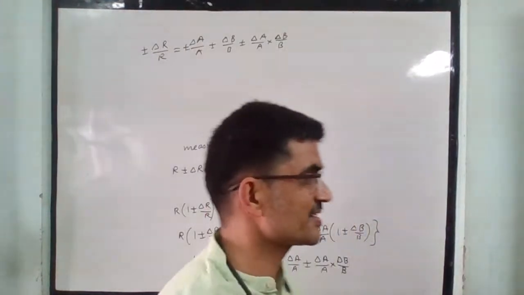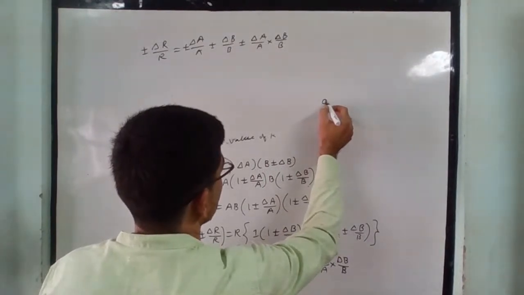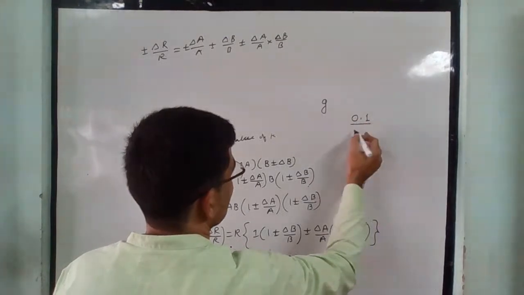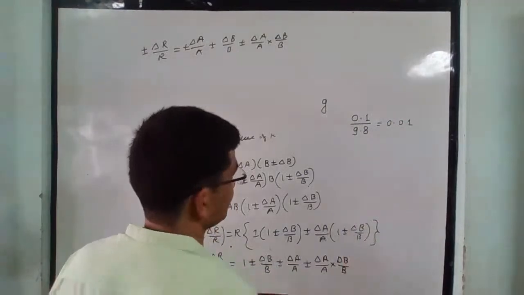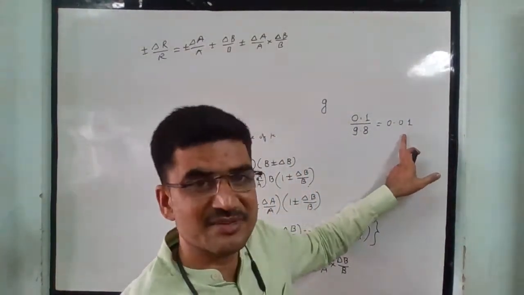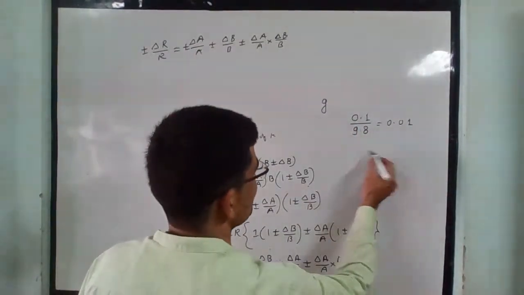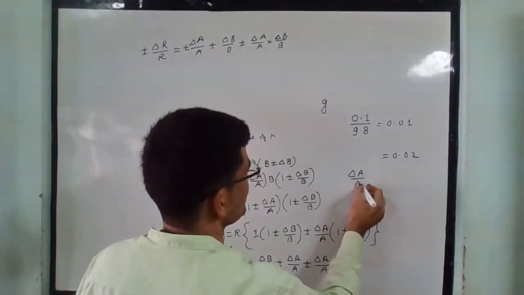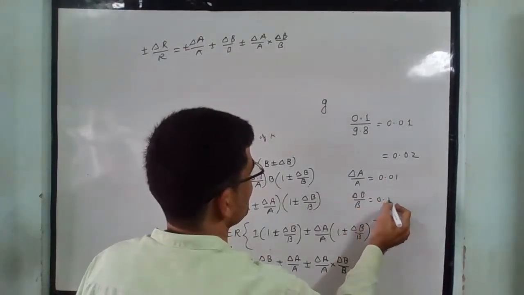Let's take one example. Yesterday we took the example of acceleration due to gravity. We got 0.1 as the absolute error, divided by 9.8 is about 0.01. So this is the relative error on measurement of one quantity. Suppose one more quantity has a relative error of, for example, 0.02.